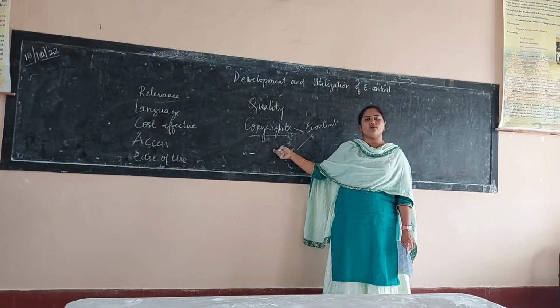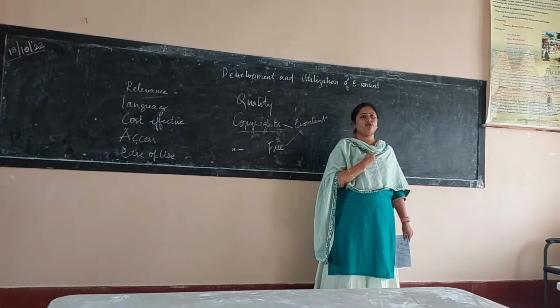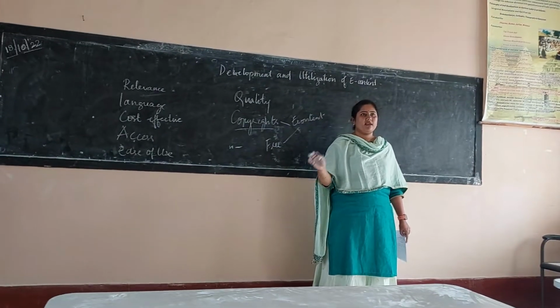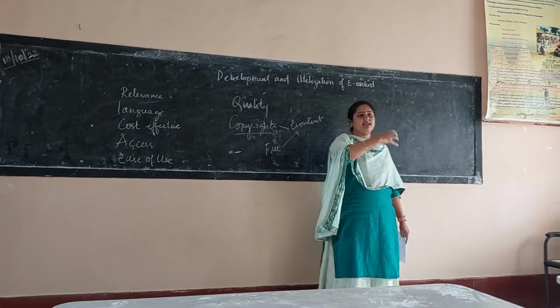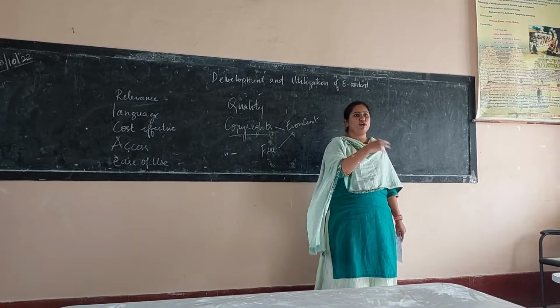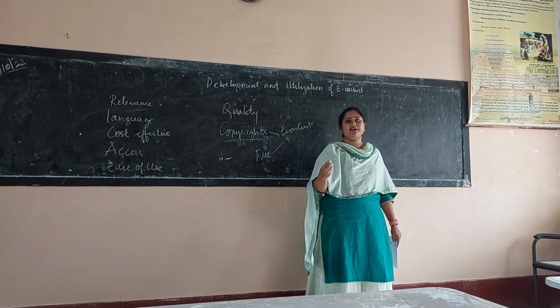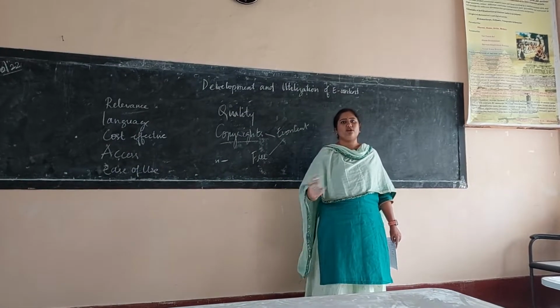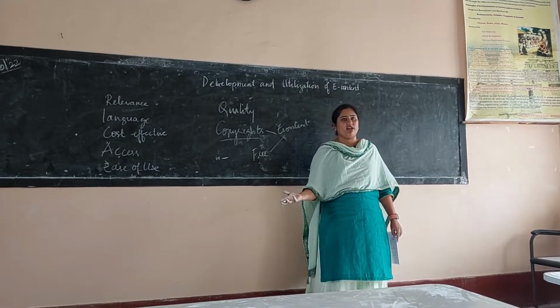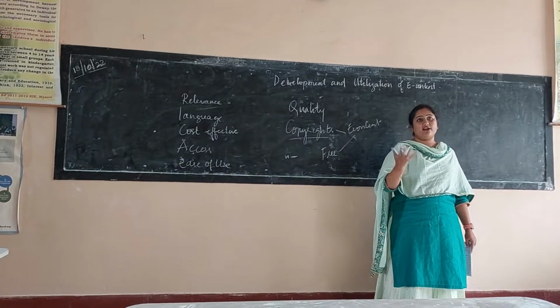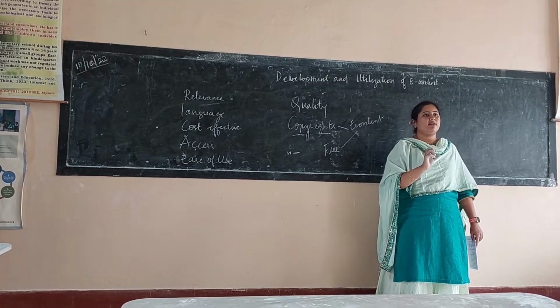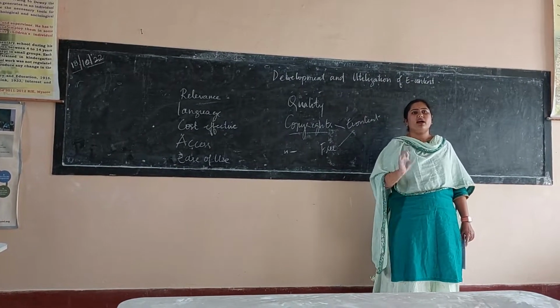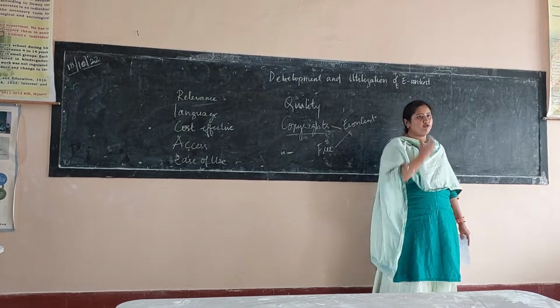If I say you are only allowed to share it the way I have made it, you cannot make modifications. If I say you cannot make derivatives, like you cannot use a portion of my writing or my work, then you cannot use it. You cannot make derivatives of my work. And also I can say that if I have made it in a PDF form, it has to be shared in a PDF only further.